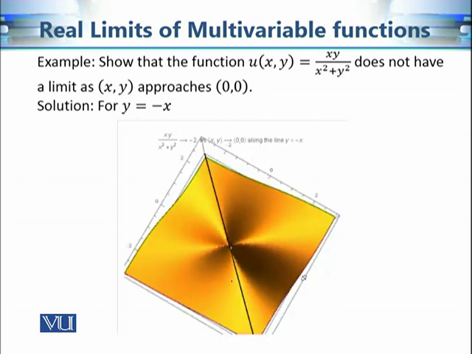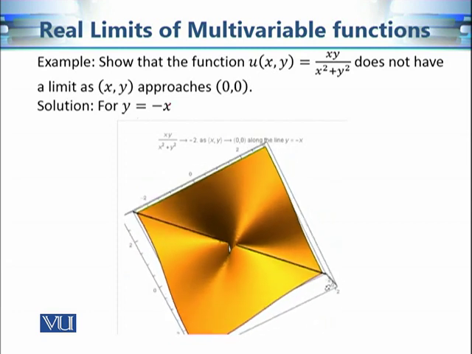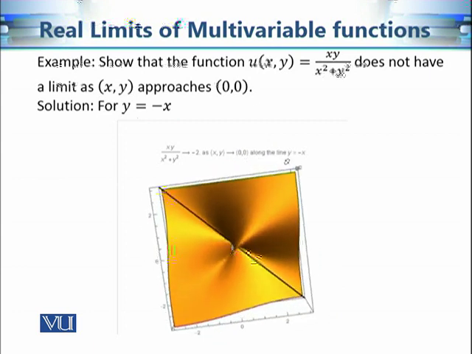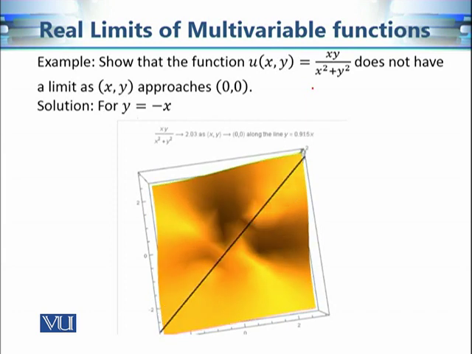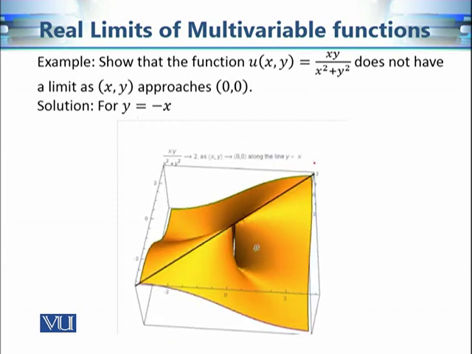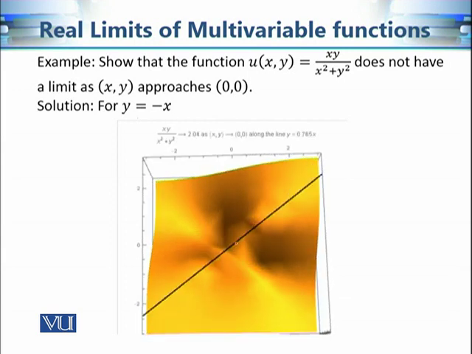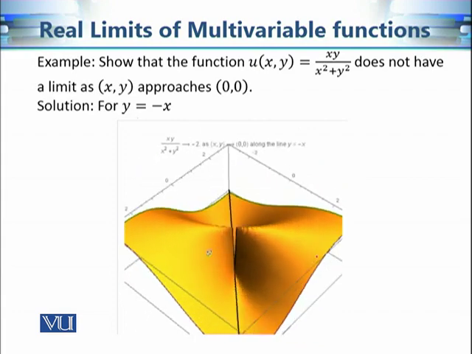And if we move this line again and again, in fact we are changing the path along which we are moving, and if we approach this line, you can see that along this line the value of the limit is different than the value of the limit along y is equal to x.